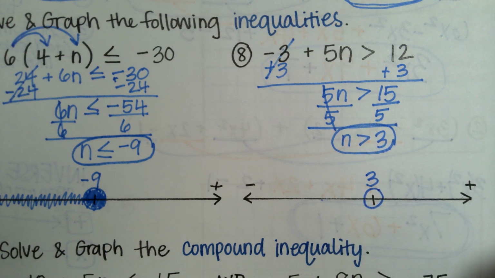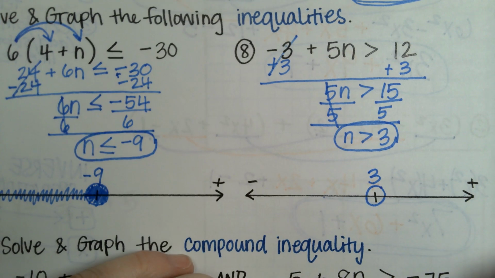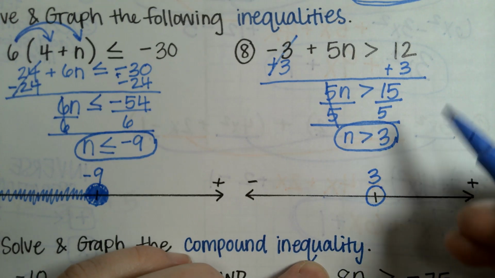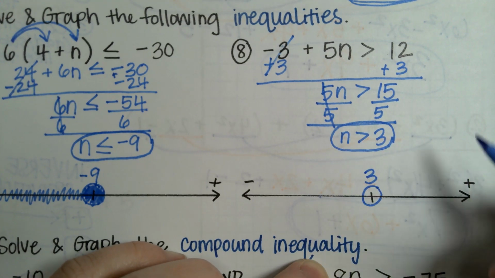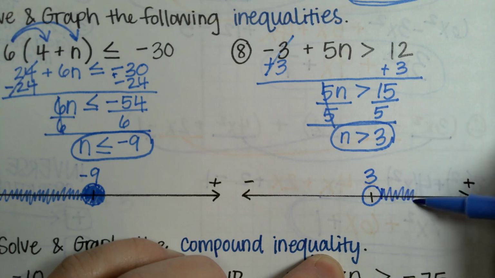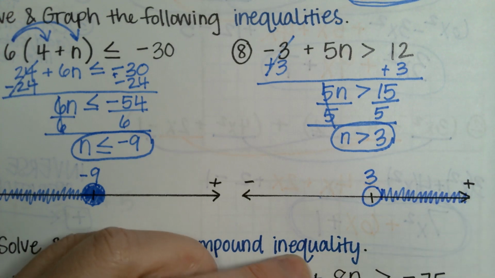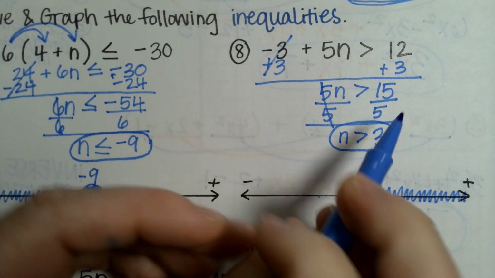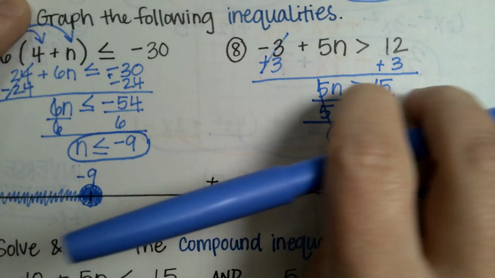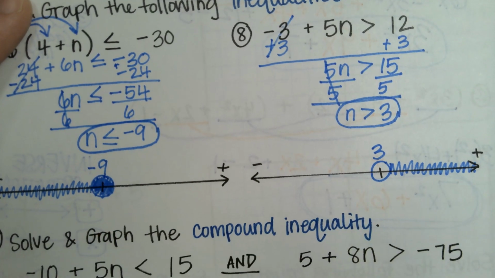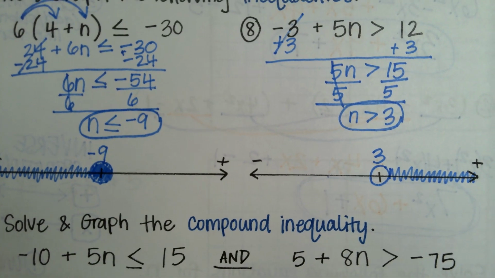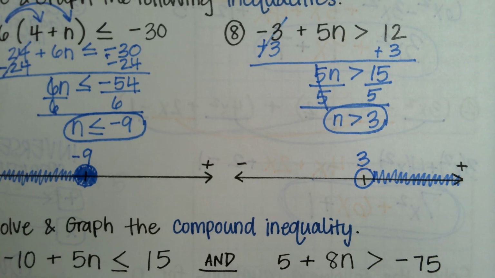We're not including 3. And what direction do we shade? To the right. If it's bigger than 3, we want to shade where the numbers get bigger. We can also look at our symbol and see that the point goes towards the plus, so we shade that way. All right, any questions on number 8?